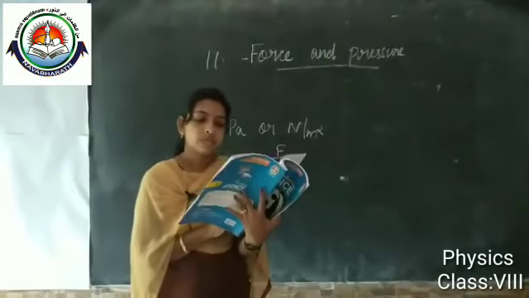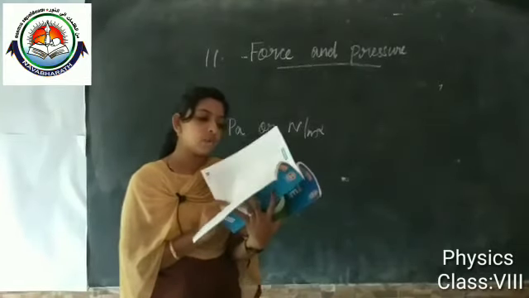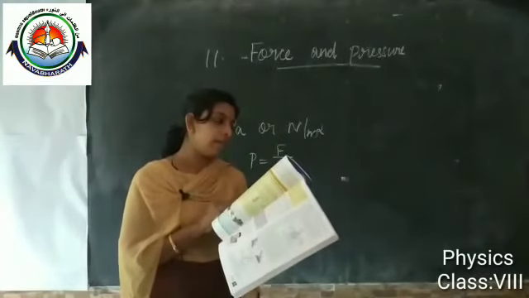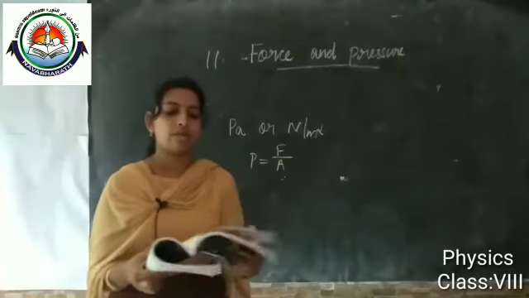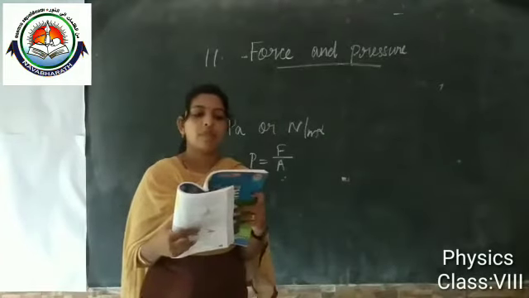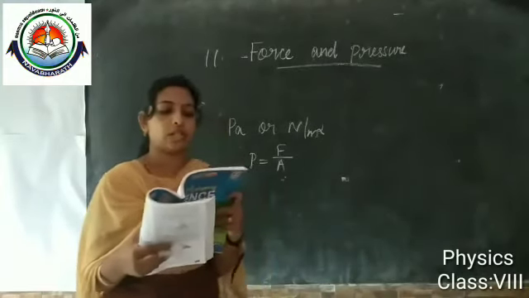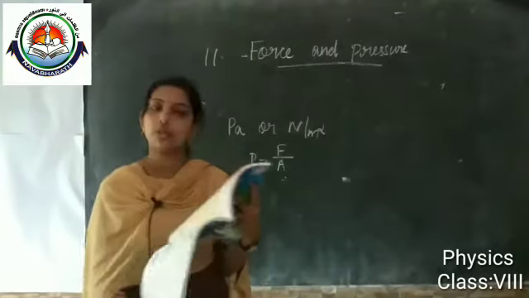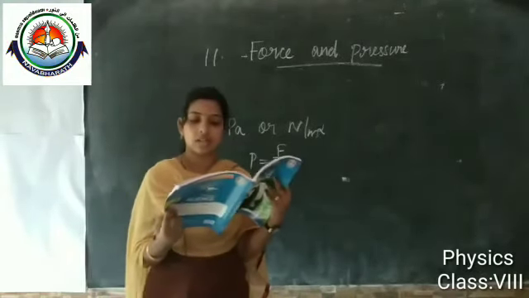Then B, the walls of dams are thicker near the bottom than the top. Its answer is from page number 126, application of liquid pressure, first point. The diagram is not needed, only the explanation you need to write. So that's all about the second question answer.